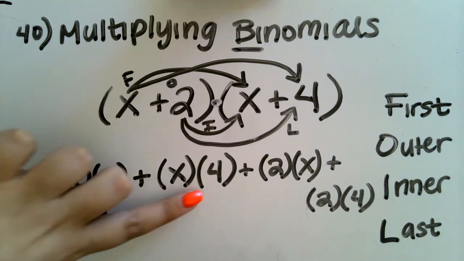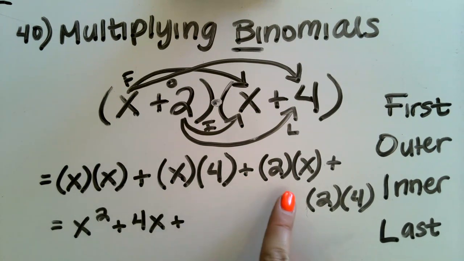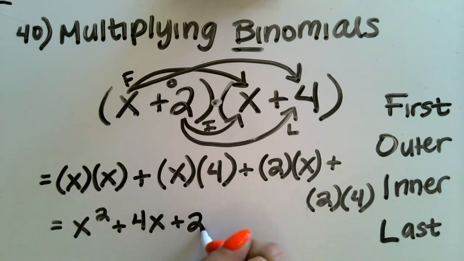Plus x times 4, and if we want to write it in proper format, the coefficient always goes first, 4x, plus this 2 times x, which is just 2x, plus this last of 2 times 4, which is 8.